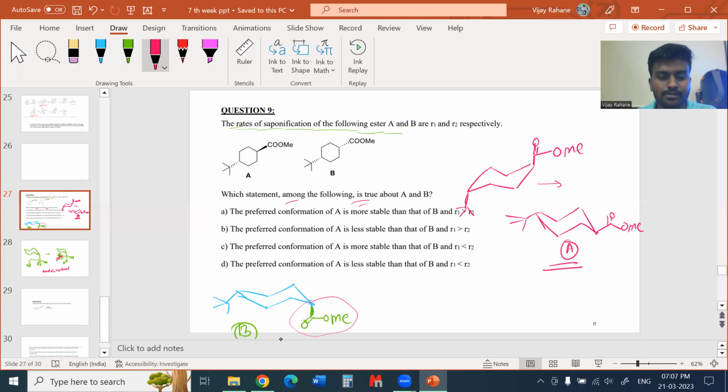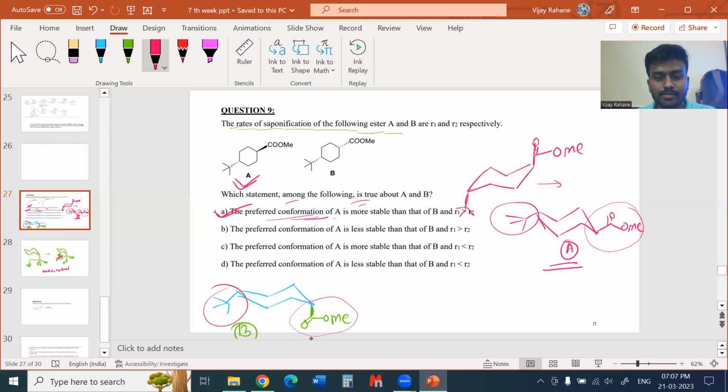This one is equatorial. But the next group here, in the A conformation, is at the equatorial position, but in the B conformation it is at the axial position. So in this one, option A is the correct option because the preferred conformation is A.